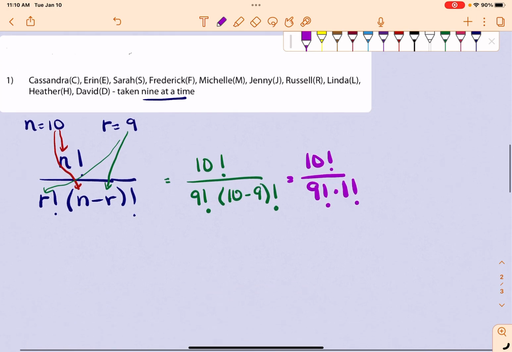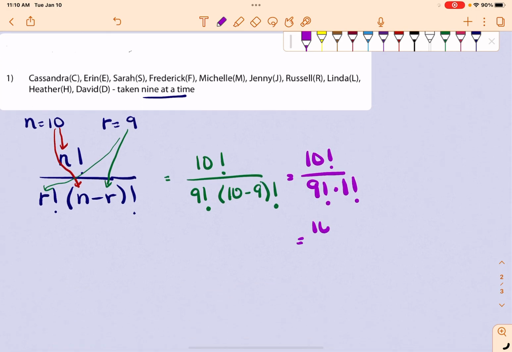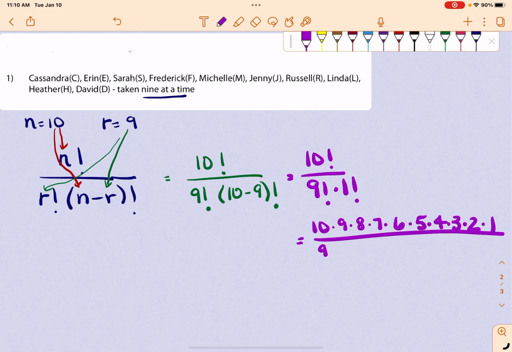And if I do 10 factorial, that's 10 times 9 times 8, 7, 6, 5, 4, 3, 2, 1. On the bottom, it's going to be 9, 8, 7, 6, 5, 4, 3, 2, 1, and then 1 factorial is only going to be 1.